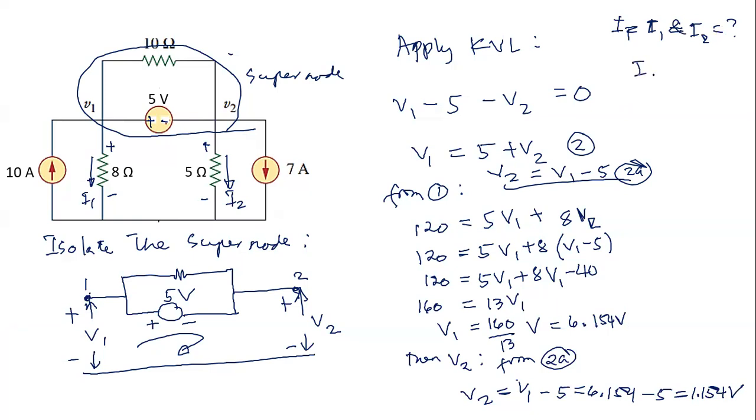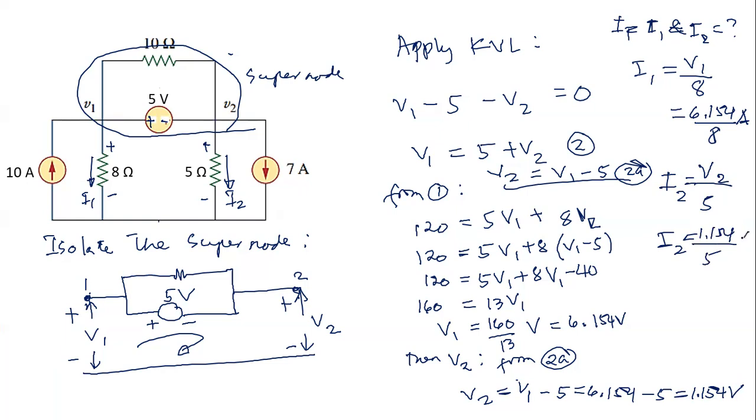Simply, we have I1 equals V1 over 8, or this is 6.154 divided by 8 amperes. Also, I2 is equal to V2 over 5. So we have I2 equals 1.154 over 5 amperes.